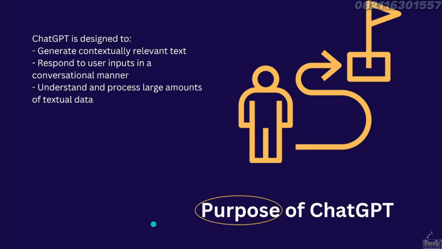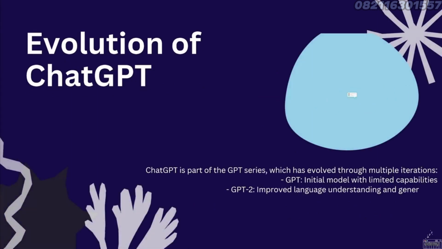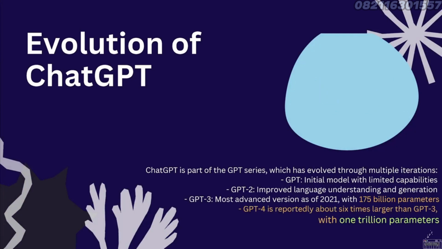This, as you can understand, is a component which has undergone several iterations. The initial GPT model had limited capabilities, whereas GPT-2 improved language comprehension and generation.